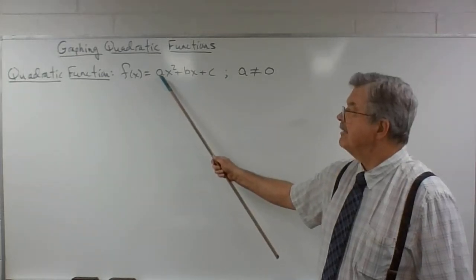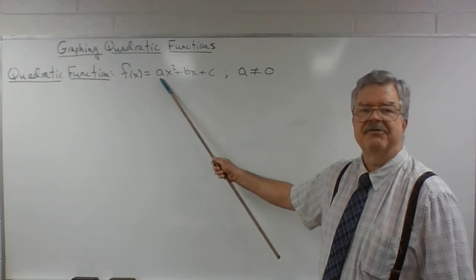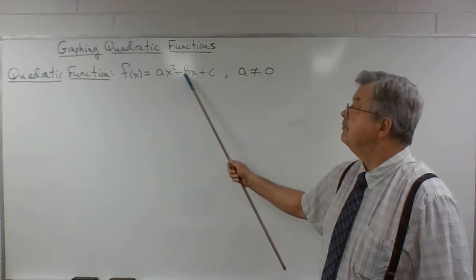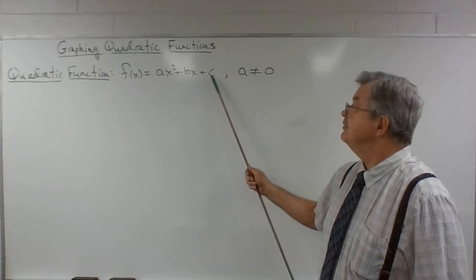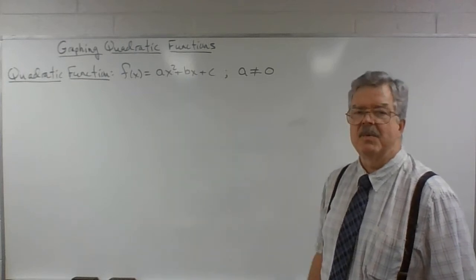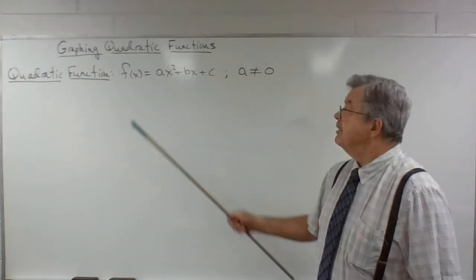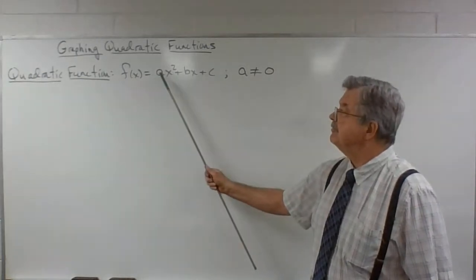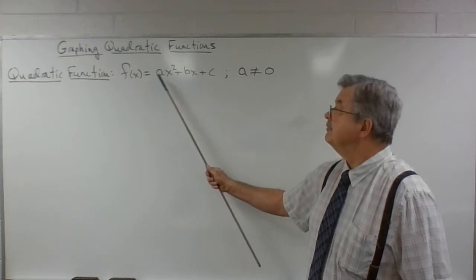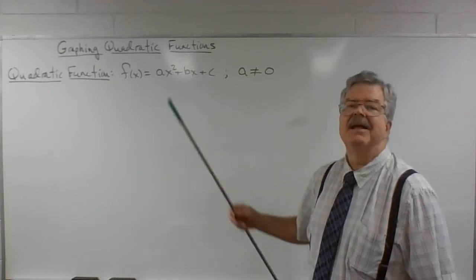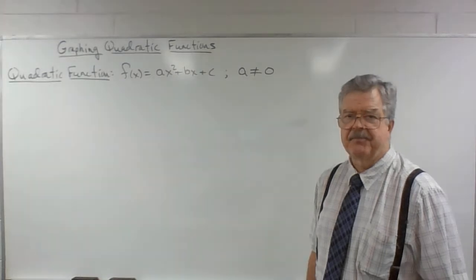So we do have to have an x squared term. b can be 0, and if it is, we won't have an x term. c can be 0, and if it is, we won't have a constant term. But if we have a quadratic function, we do have to have an x squared term, so its coefficient a can't be 0.